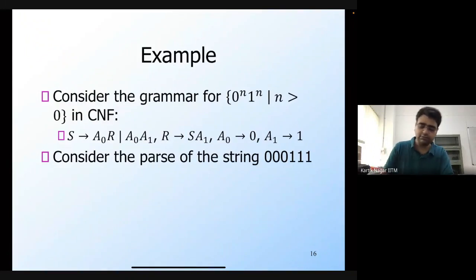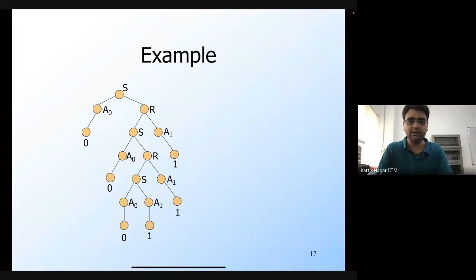Now, if you consider the parse tree of the string 000111, this is the parse tree of the string 000111. If you look at the leaf nodes, I have 0, 0, 0, and 1, 1, 1. And this is, in fact, the only parse tree that you can generate for this particular string.